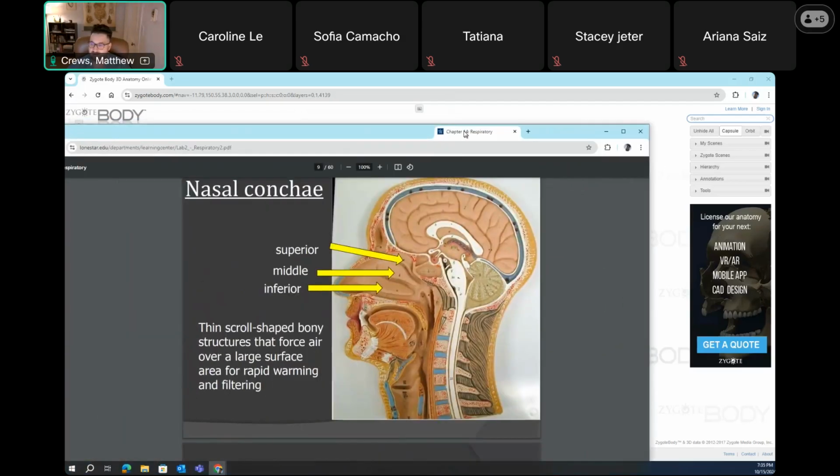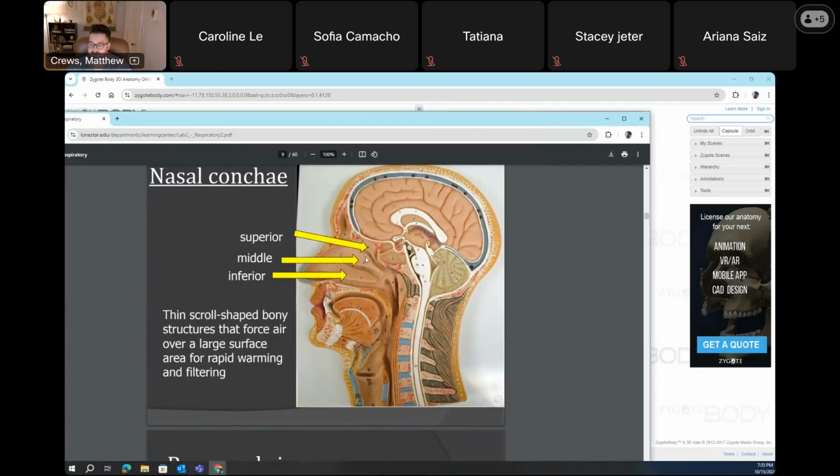I'm kind of teaching off of it, but it's a little bit easier to see in the Zygote Body. So this is a mid-sagittal section of the head. You have these weird labyrinth looking things. You have a middle, a superior, and an inferior bony structure, and those are called conchae. Those are for rapid warming and filtering. So you're increasing the surface area, basically.